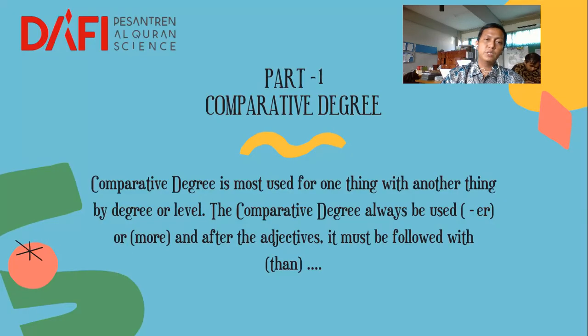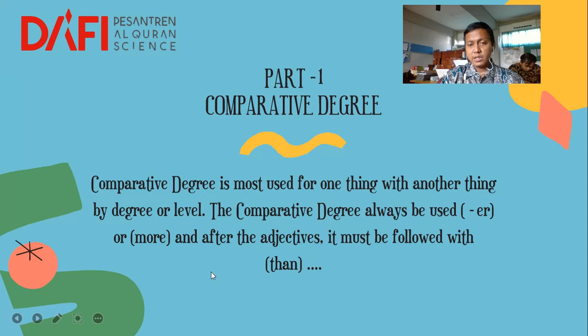Part one, comparative degree. Comparative degree is used to compare one thing with another thing by degree or level. The comparative degree always uses the additional er behind the adjective, or more before the adjective. Don't forget, only two symbols.